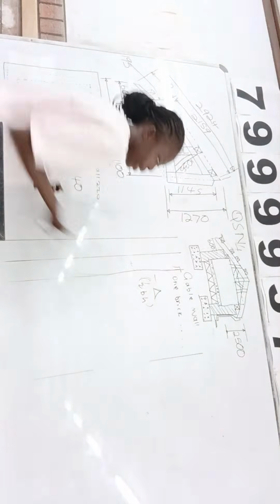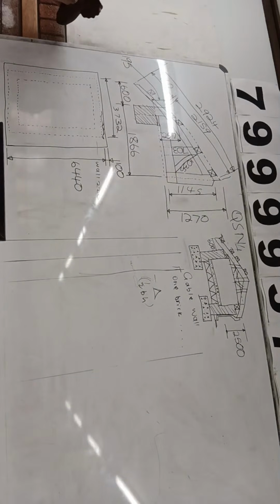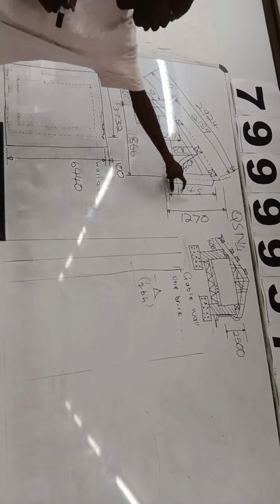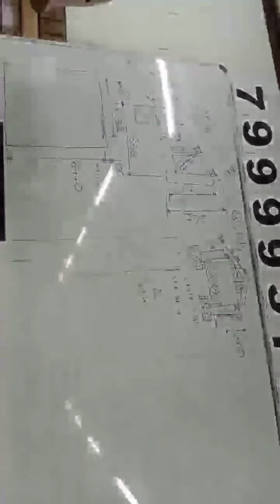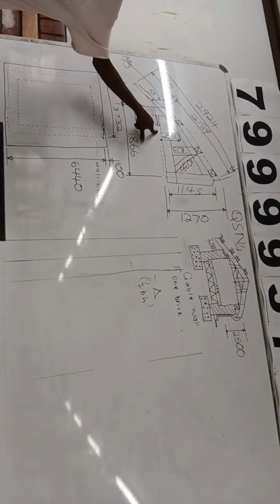So what is our base of the triangle? You come and check this diagram here. Okay, here we have 145, we have 1270. You need to know where your gable wall starts. A gable wall starts under the wall plate, okay? Under the wall plate. So which height is the wall plate, between 145 and 1270?